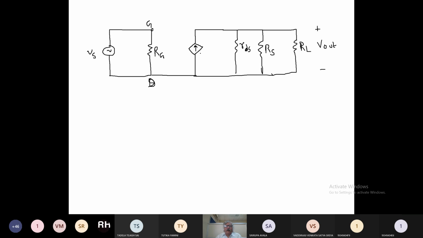Right? And here you have the voltage V in, and this is gm VGS, right? Means gm V in, since RG is very high, so you can consider V in and VGS equal. So this is gm VGS, right? Here it is the source now, right? So this is the figure 2.